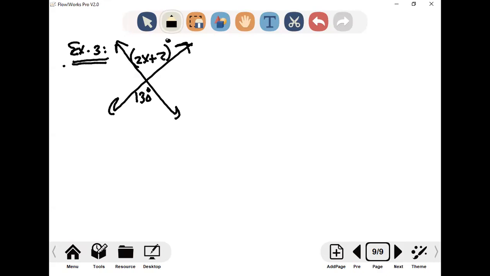Now, what's the relation between the two given angles here? They are equal. Why are they equal? So angle 2x plus 2 equals 130. Justify your answer. Vertical.